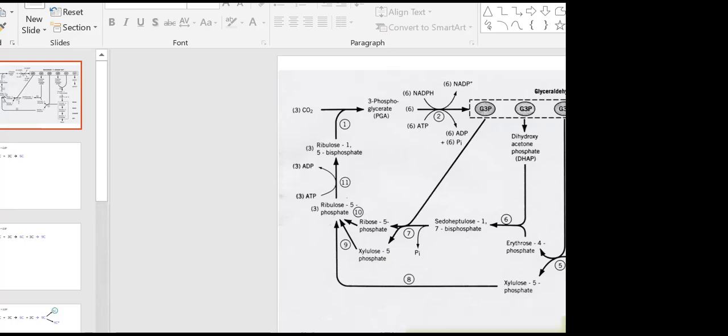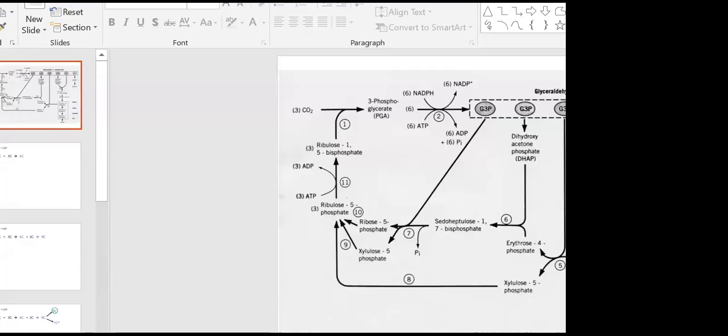Wow. Let's try this. All right, I'm not sure if this is going to show up in the Zoom or not, but we're just going to go with it.